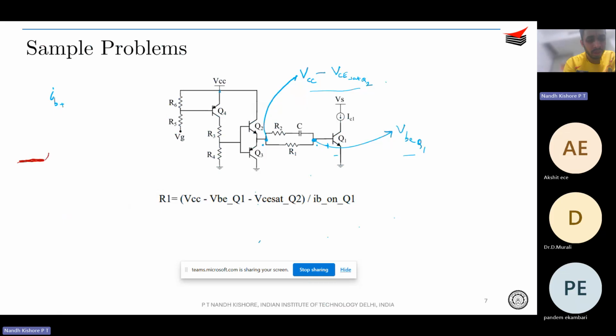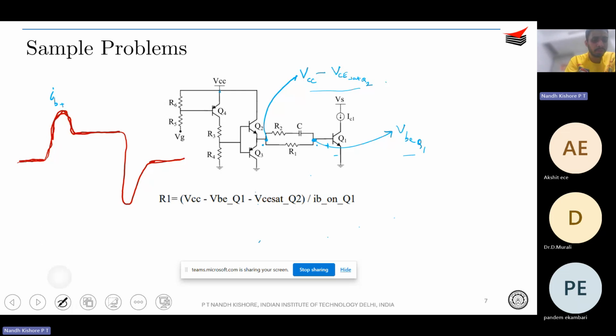You will make your base current go to a very high value, or the surge current, so that you turn on quickly, and then it will settle to a steady state value. And when you want to turn it off, you will make it go sufficiently negative to remove the charge carriers, and then you will make it back to 0. So this is the profile that you typically follow. This is your IB plus, this will be IB on, and this will be IB minus.